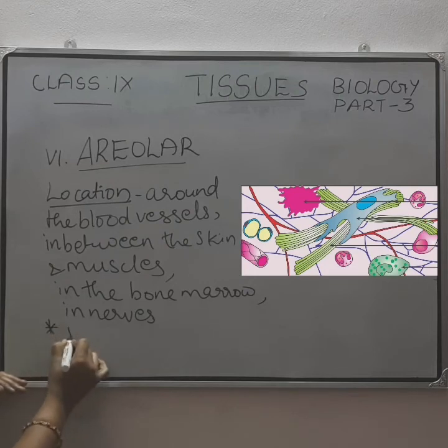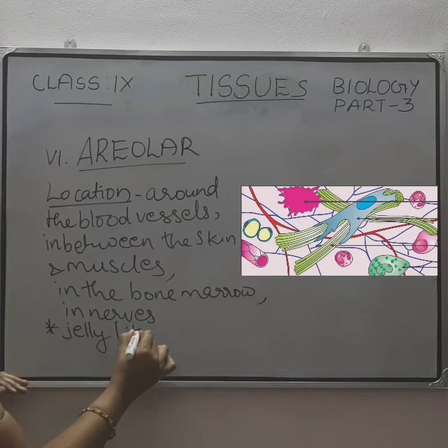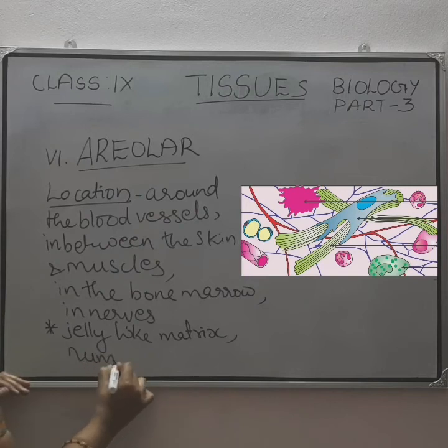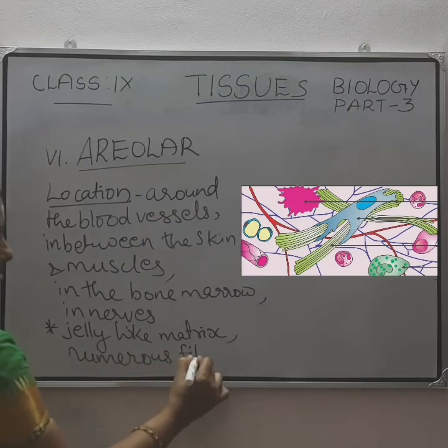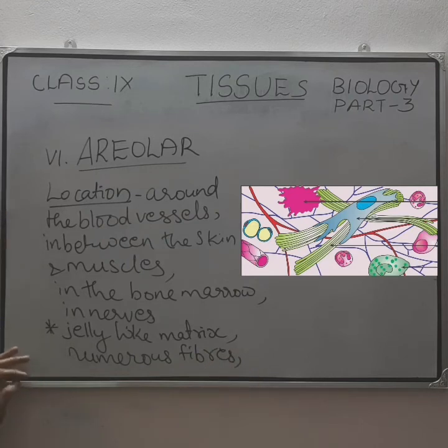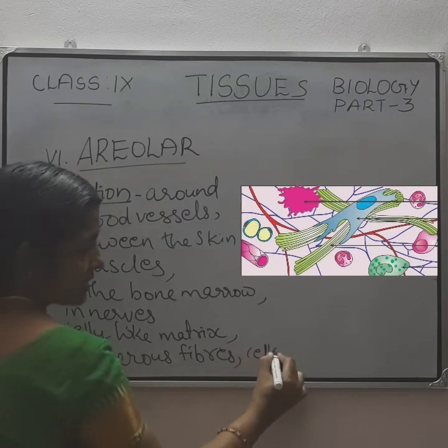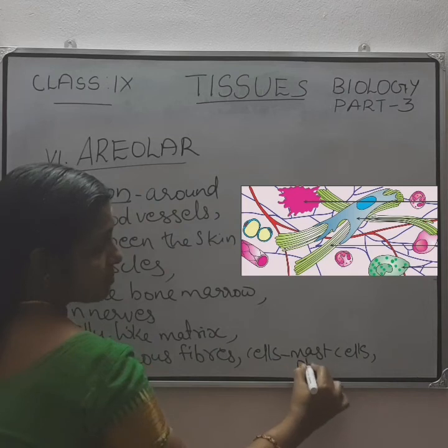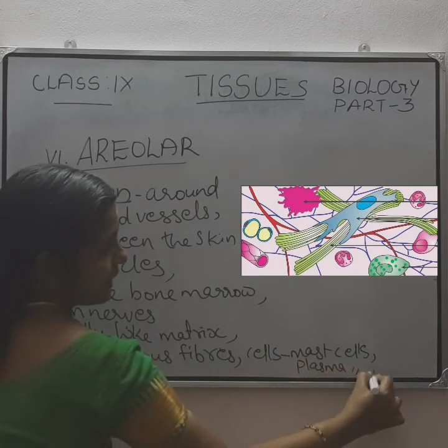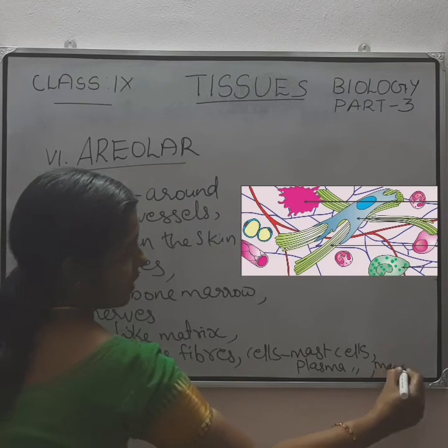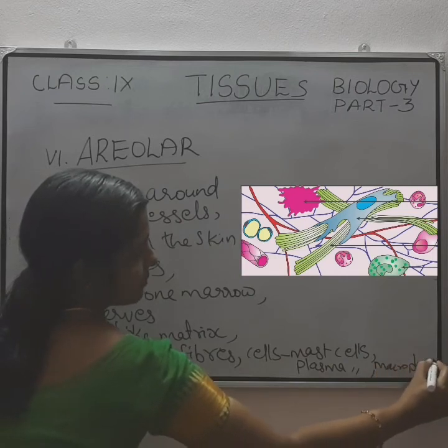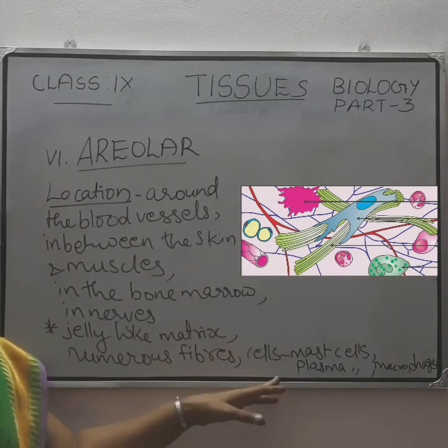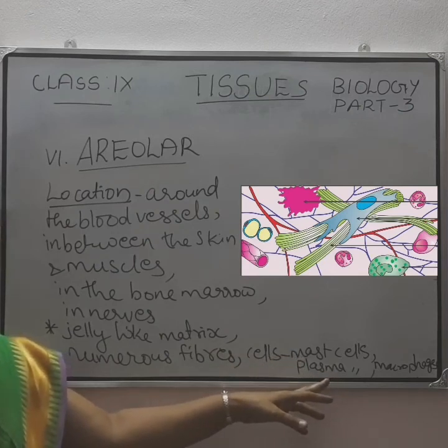Then it consists of jelly-like matrix, and also numerous fibers, and different types of cells such as mast cells, then plasma cells, and macrophages, etc. You can see this clearly in the diagrams, which are also in your textbook, about mast cells, plasma cells and macrophages.